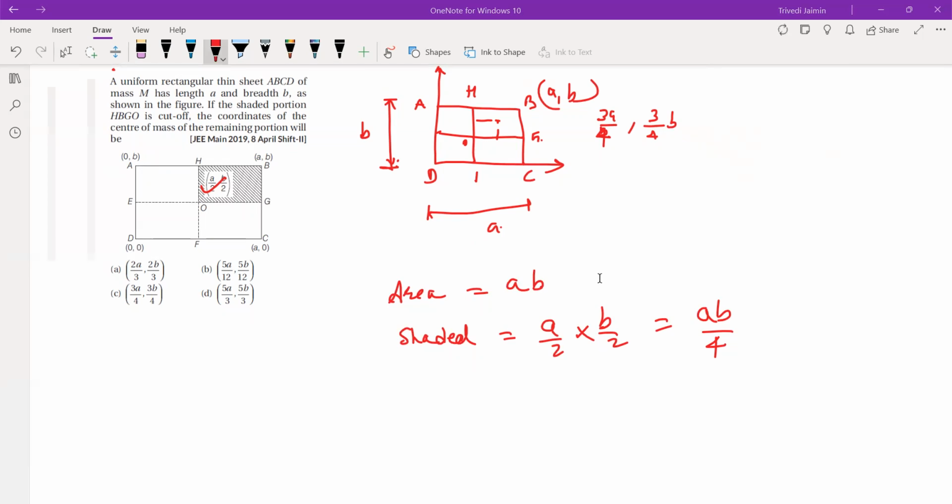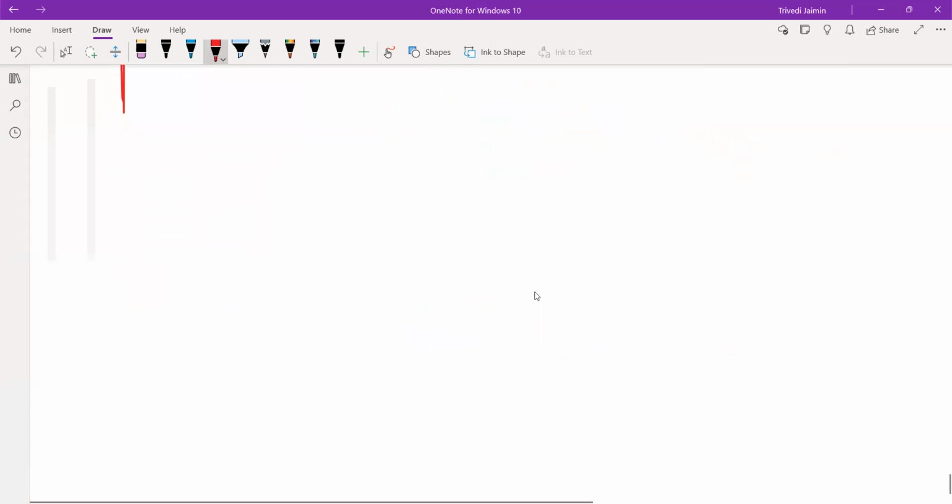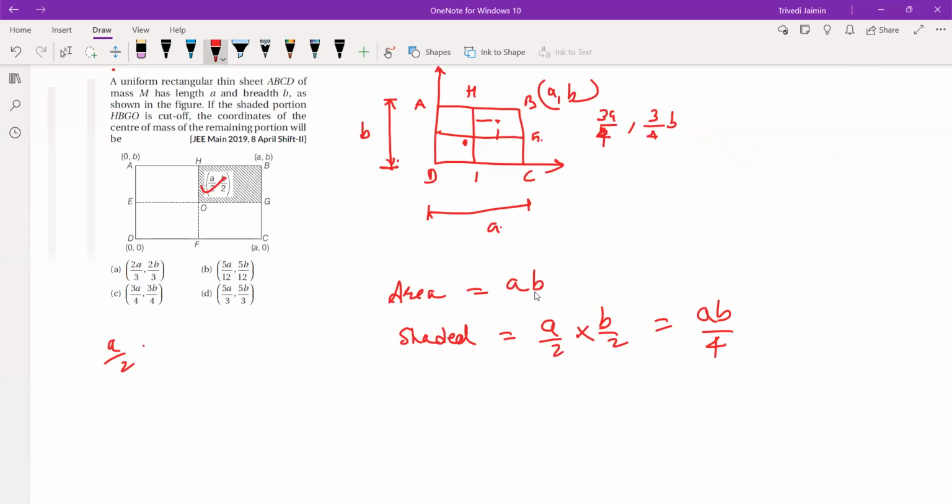Okay, so complete coordinate axis is what? The center of mass is A by 2, B by 2. Let's remember this. Okay, then let's take this as x1, y1 of complete lamina.